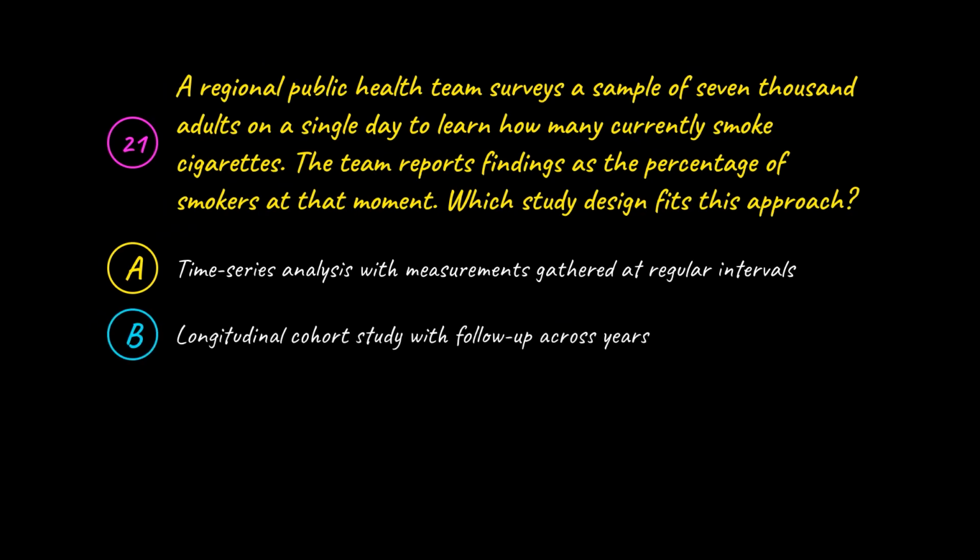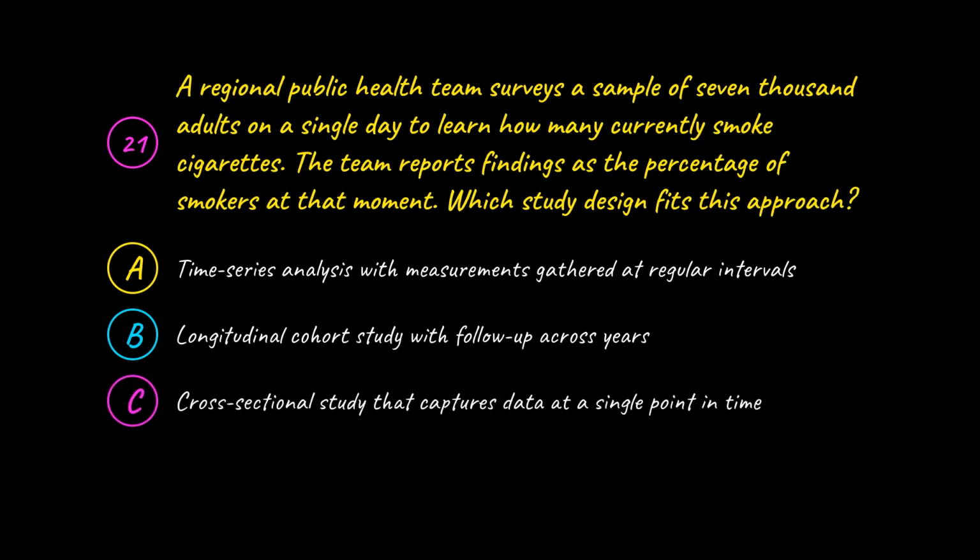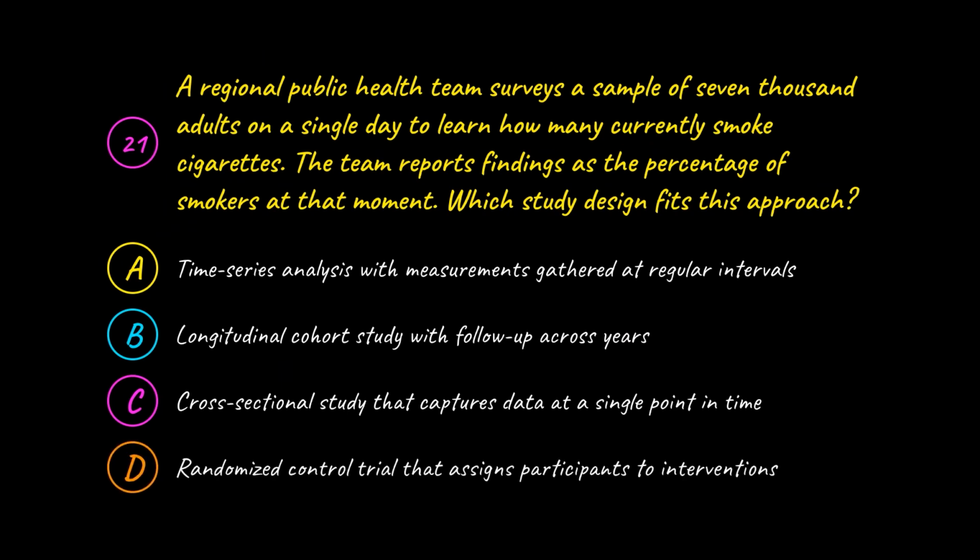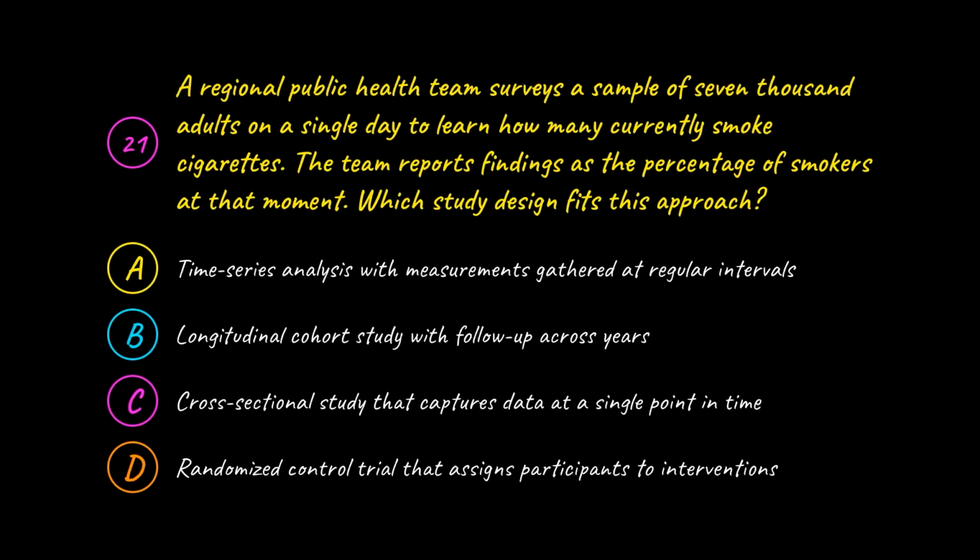B. Longitudinal cohort study with follow-up across years. C. Cross-sectional study that captures data at a single point in time. D. Randomized control trial that assigns participants to interventions. Pick one. Trust your gut. Here's your chance to test yourself.